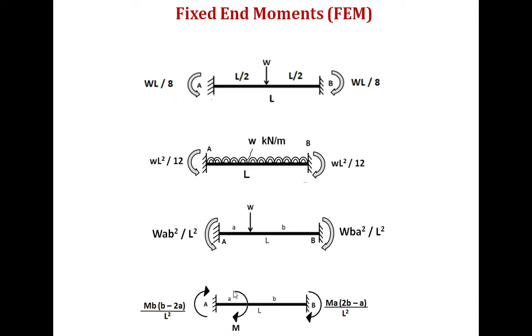In case of a moment, remember that the directions of all the three moments will remain the same. M is the moment, A, B and L are the distances: M B into B minus 2A by L square, and M A into 2B minus A by L square. These are the fixed end moments, in short known as FEM. We will be using these formulas for solving the problem.